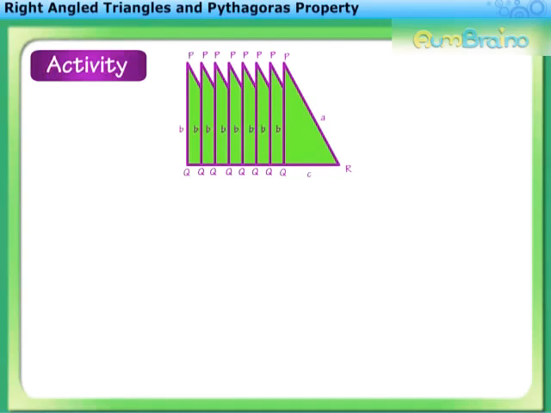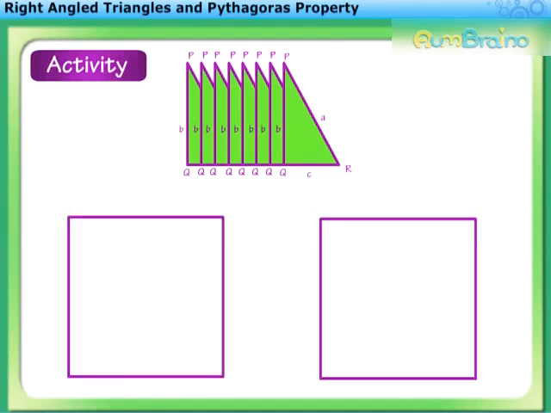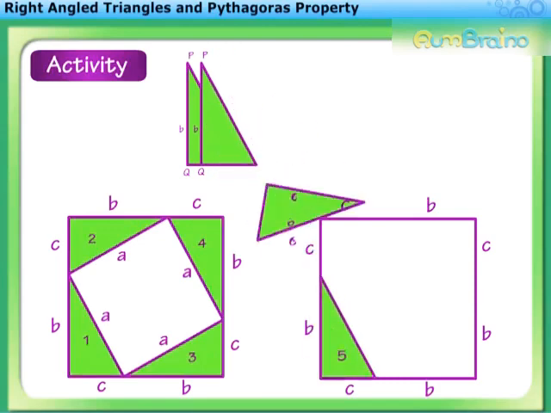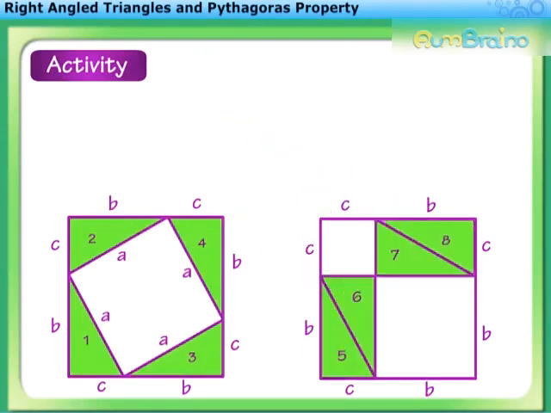Draw 2 identical squares on a sheet with sides of lengths B plus C. Now place 4 triangles in one square, and the remaining 4 triangles in the other square, as shown.